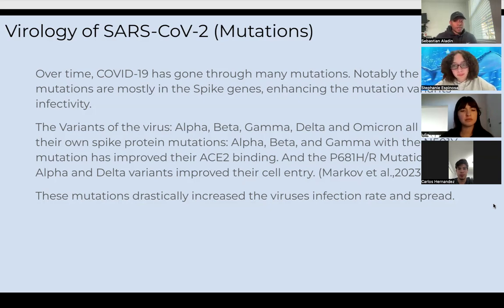Alpha, beta, and gamma have the N501Y mutation, which improves their ACE2 receptor binding, and the P681H/R mutation in alpha and delta variants improves their cell entry. These mutations drastically increase the virus's infection rate and its spread.